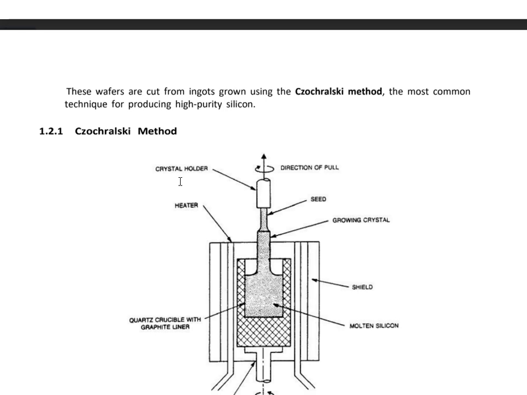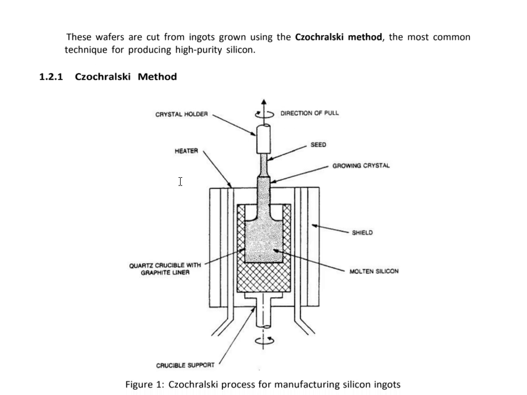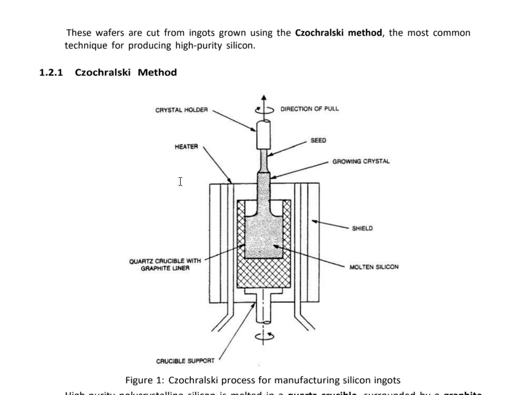Wafers are cut from ingots grown using this method, the Czochralski method, and this technique is widely used for producing high purity silicon. So this is the Czochralski process for manufacturing silicon ingots. This is the direction of pull.